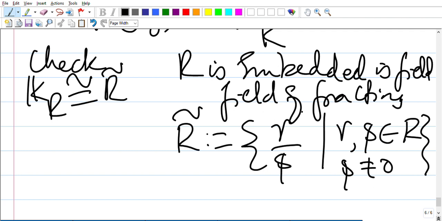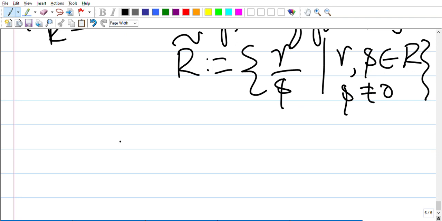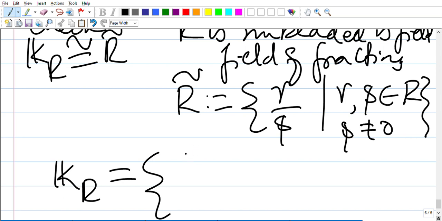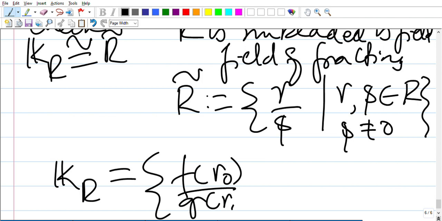Now, R tilde is actually such fractions, so that would mean that K_R contains basically elements of the form f(r naught) divided by g(r naught).